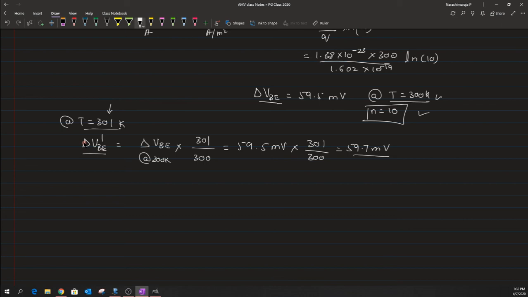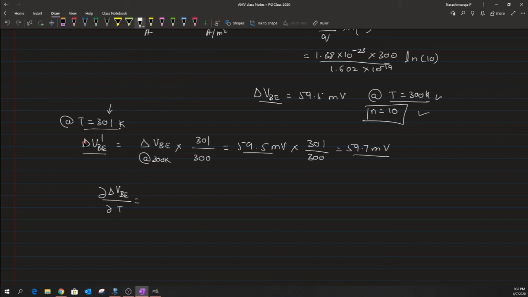Now, in order to evaluate this temperature coefficient or the temperature dependency, we just need to evaluate delta VBE with respect to temperature. The quickest way to do this manipulation is by using the value of either this or this.